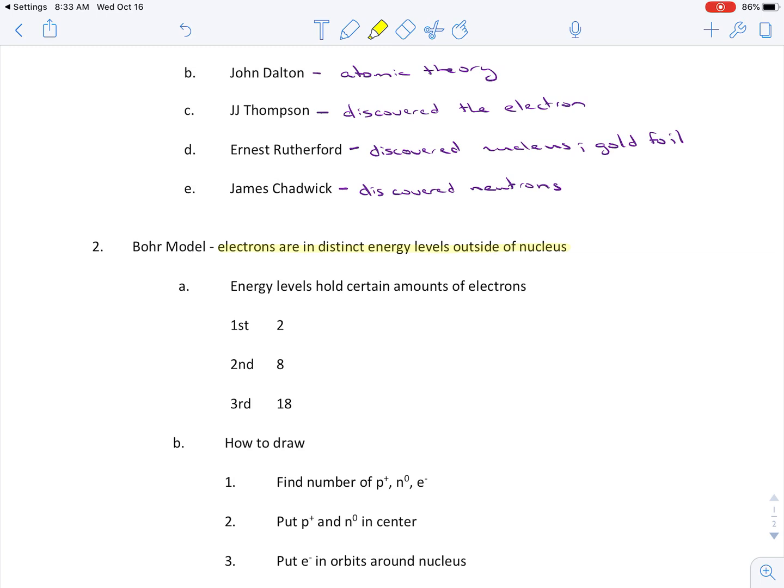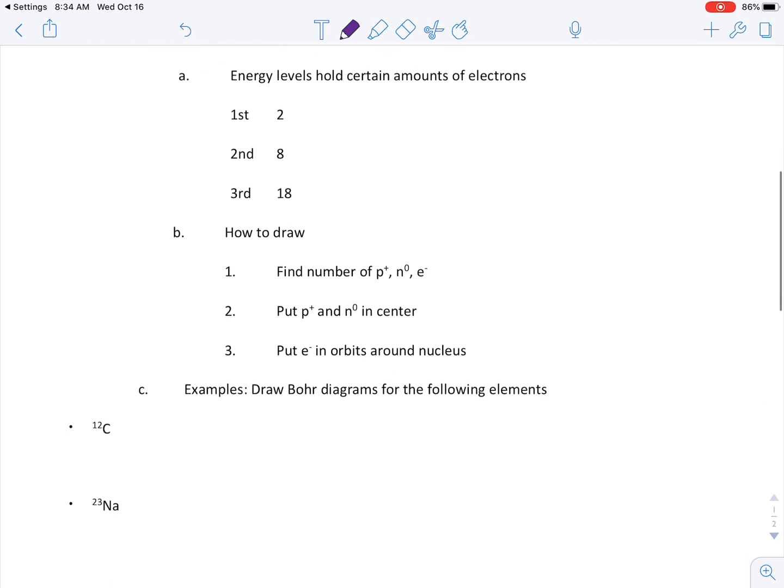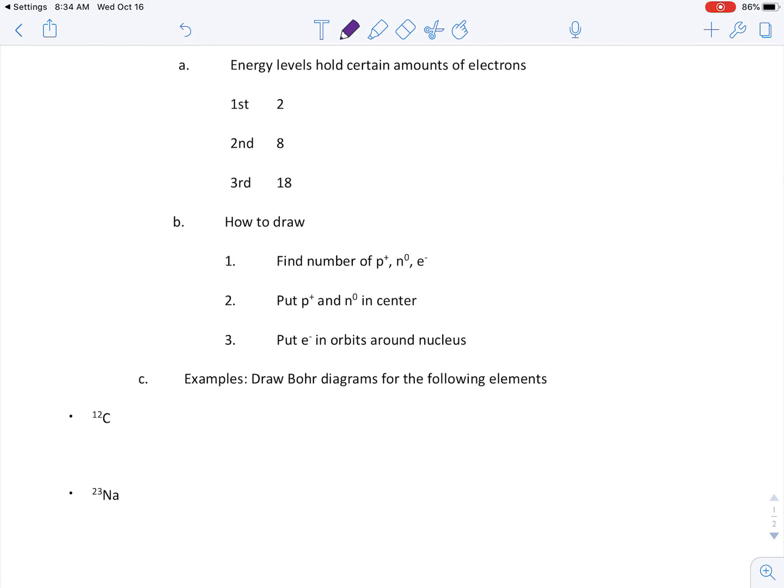And the other thing that Bohr came up with is that he said the energy levels hold certain amounts of electrons. So our first energy level holds 2, our second holds 8, our third holds 18, fourth holds 32. But when we're drawing Bohr diagrams, we're not going to go much past 3. So how we draw them is pretty simple.